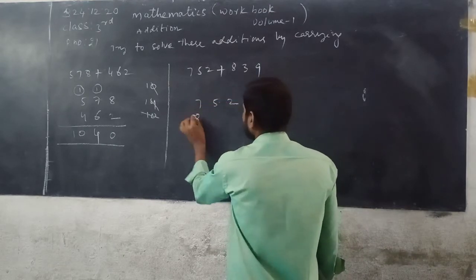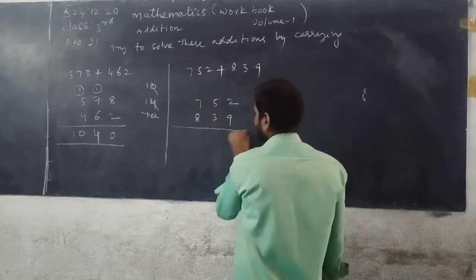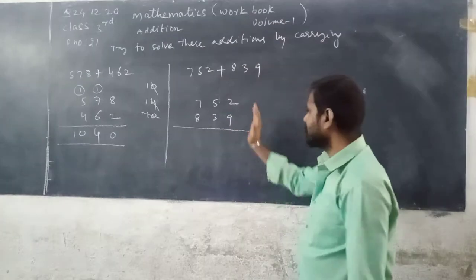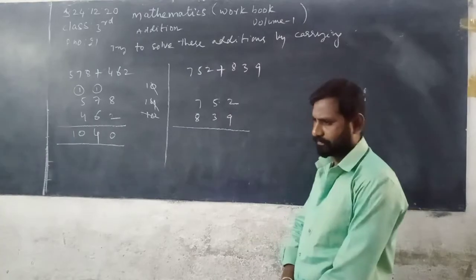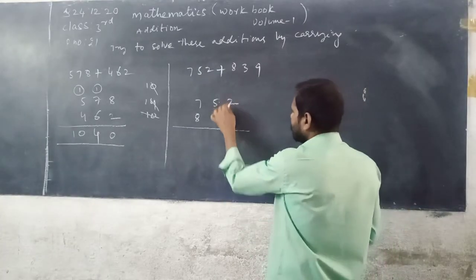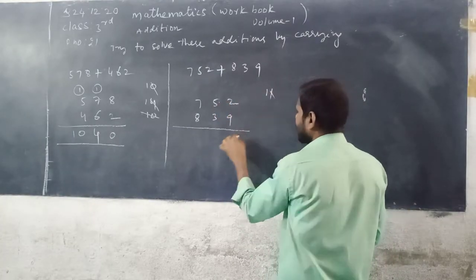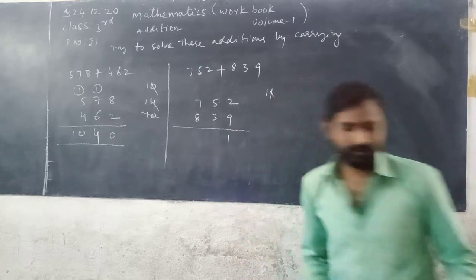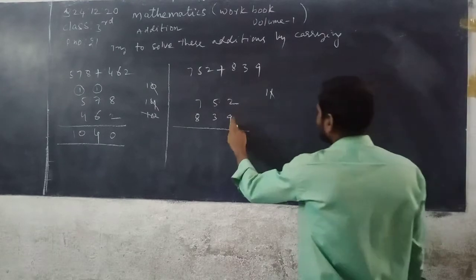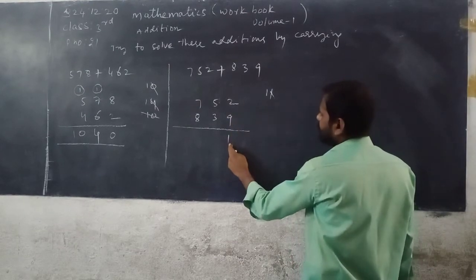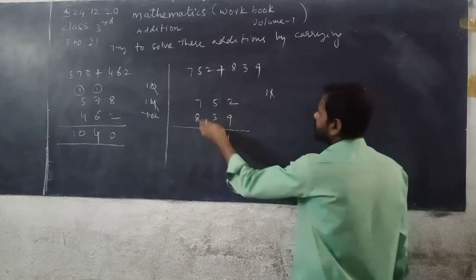First we add the digits in ones place, next tens place, next hundreds place respectively. 2 plus 9 is 11. In it, 1 is written down in ones column and 1 is carried over to the tens place.